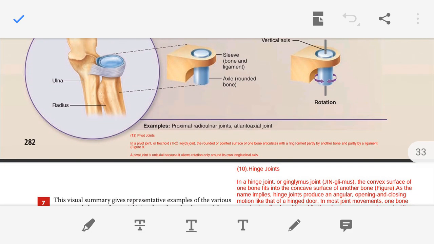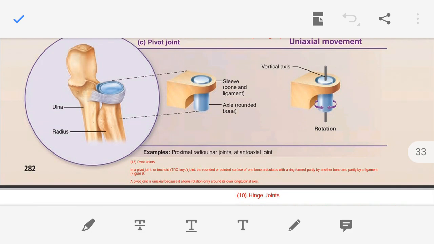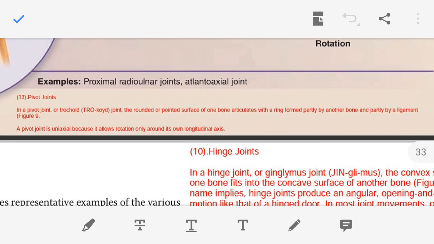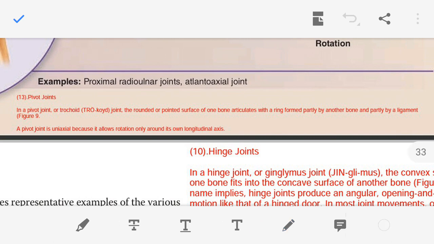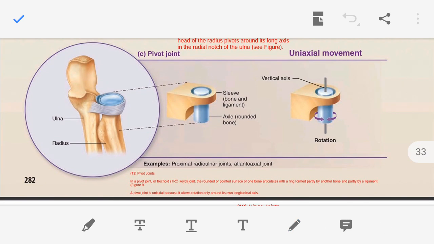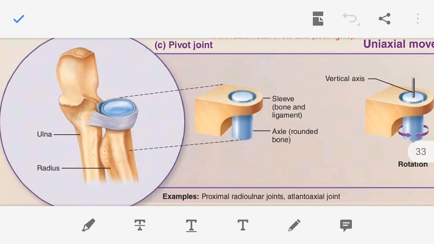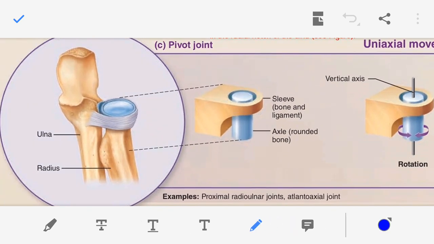Moving on to point number 13, the pivot joint. Pivot joint is also known as the trochoid joint. Now here in pivot joint, what is happening? See, in pivot joint, two bones are participating. One is ulna, the other is radius. Now the head of the radius, as you can see, is the rounded one.